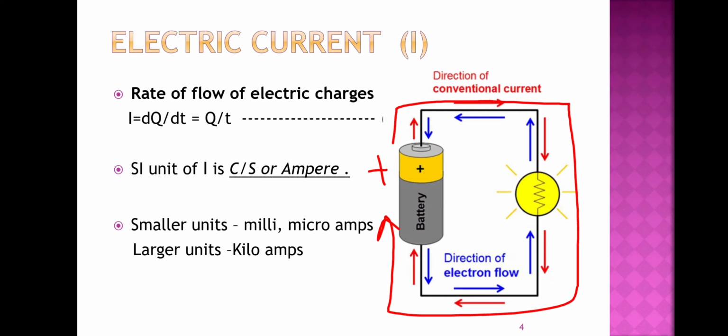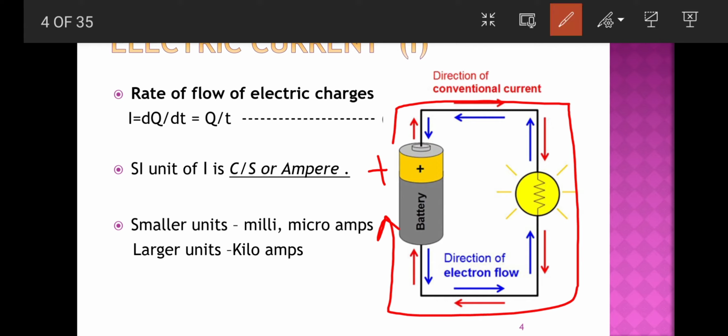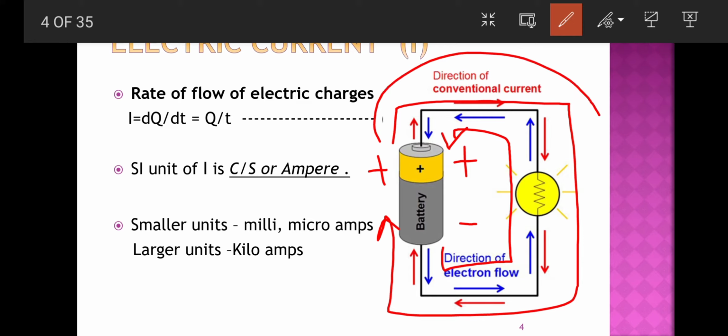Let us observe the direction of the electrons. Just see, it is opposite to the direction of the current. Why? The direction of the electrons is from the lower potential to higher potential, whereas the direction of the current is from higher potential to lower potential.